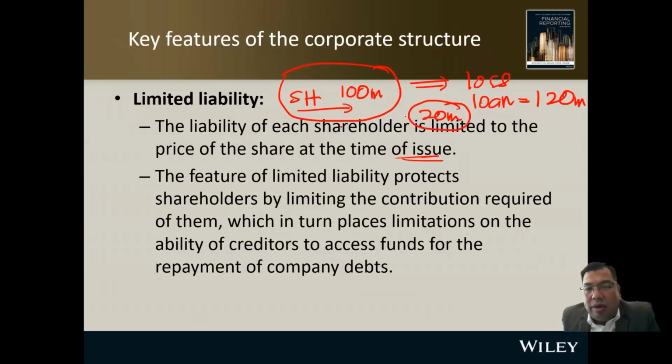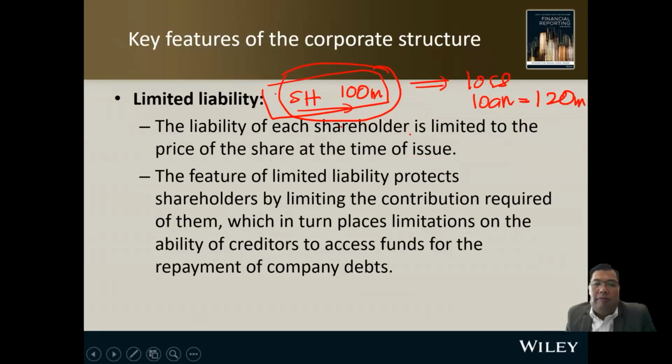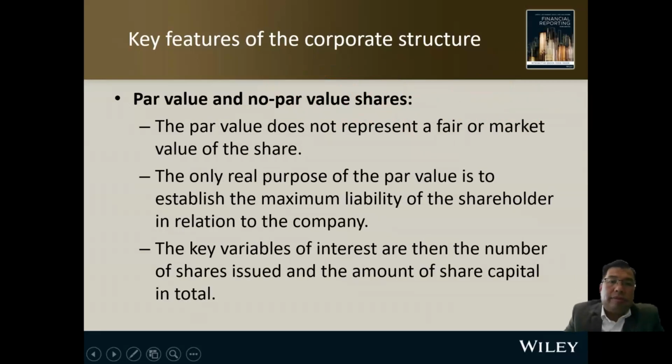This 20 million, the loan holder cannot ask the shareholder to pay. Why? Because their liability is up to the 100 million. So this will be the loss for the loan holder.